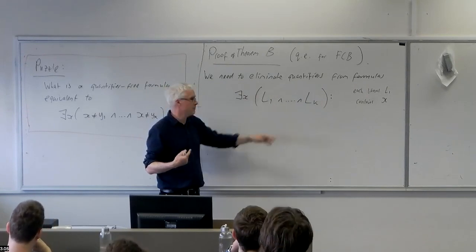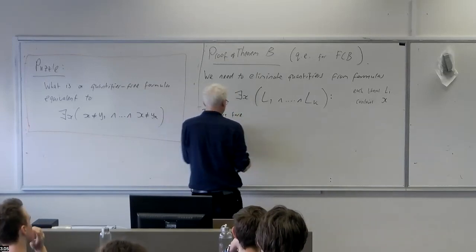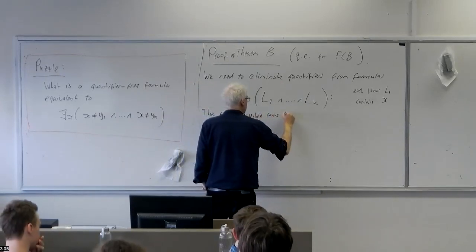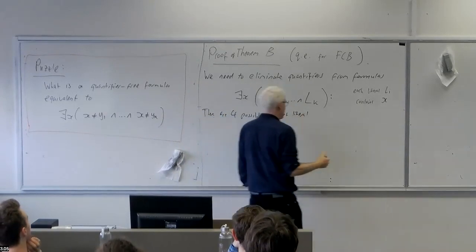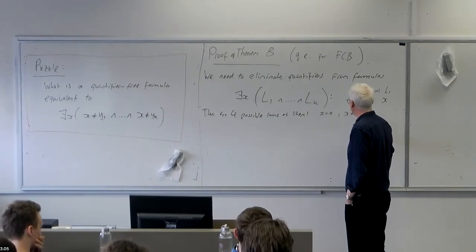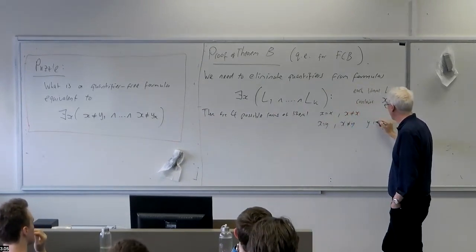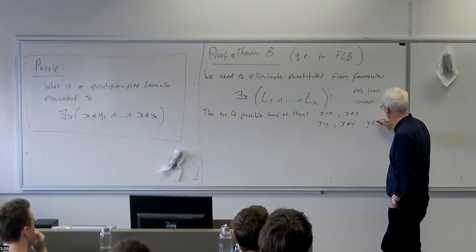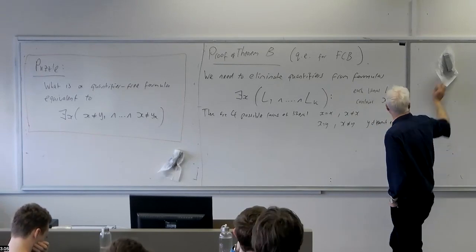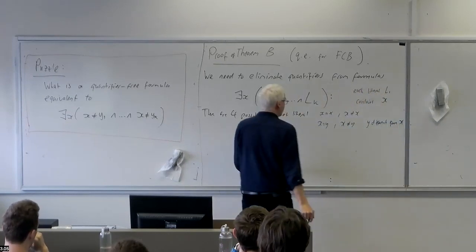And to contain X, there are four possible forms of literals: we might have X equals X, X not equals X, X equals Y, or X not equals Y, where Y is different from X.